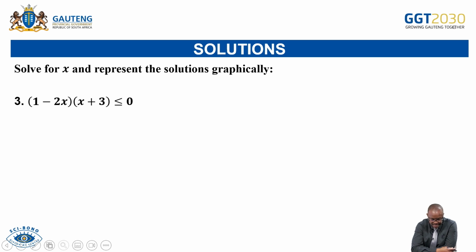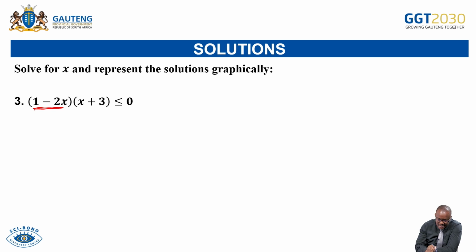Very interesting question. So now here, firstly, look into the bracket. There inside the bracket we have 1 minus 2x. Then now you ask yourself, is the leading coefficient of this equation negative or positive? Remember, for the leading coefficient, we're looking at the x squared.